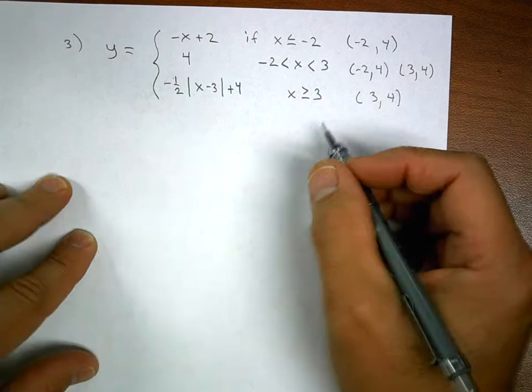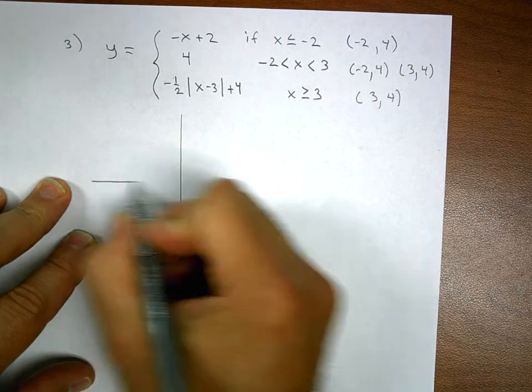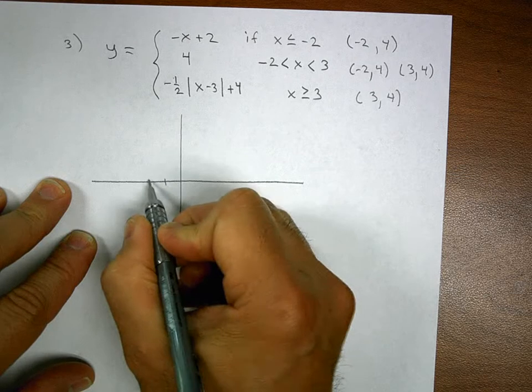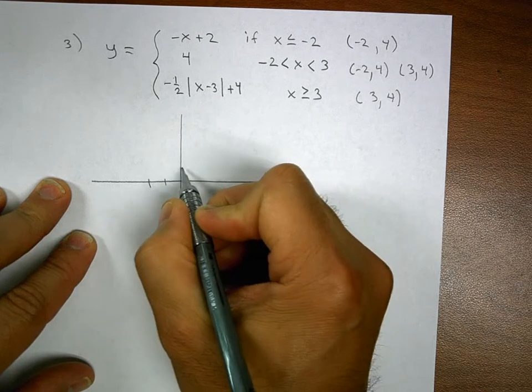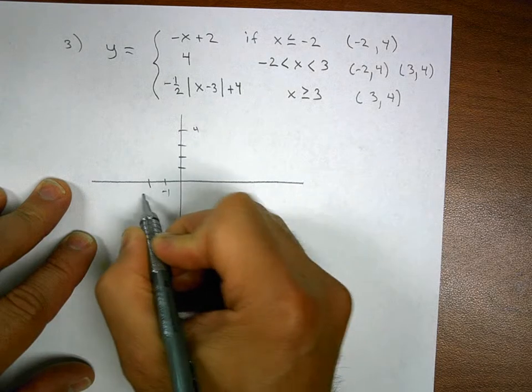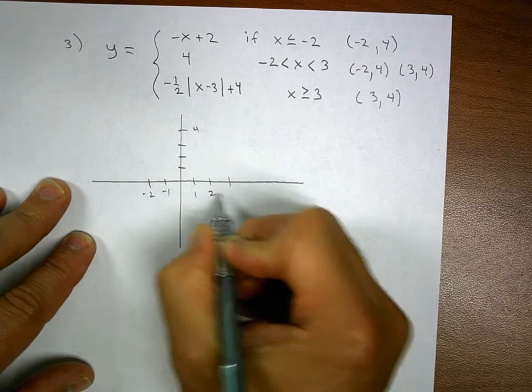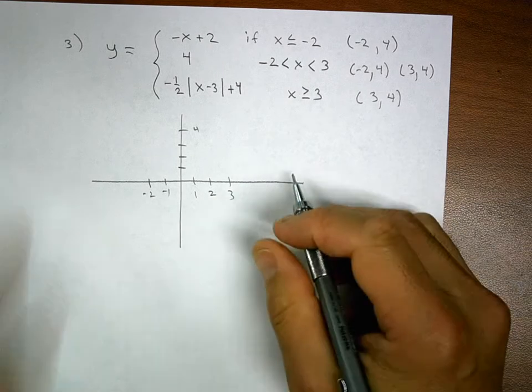Okay, so let's go ahead and plot these. Okay, so -1, -2, 1, 2, 3, 4. We'll need a 1, 2, 3, 1, 2, 3. All right, so let's go ahead and plot.